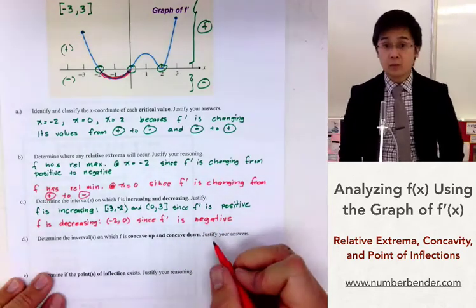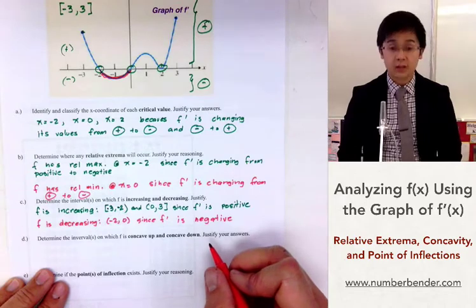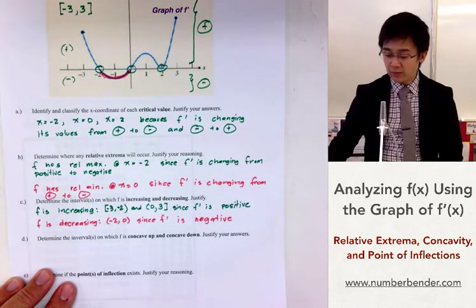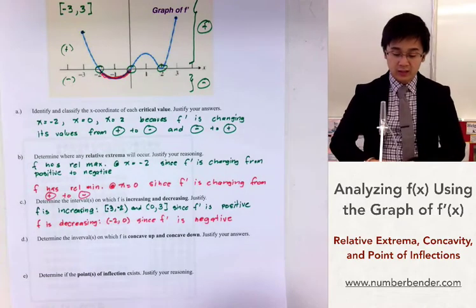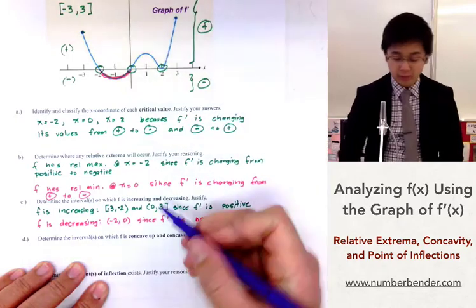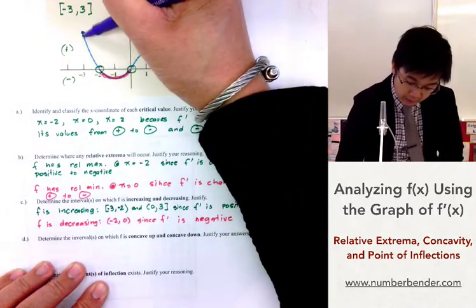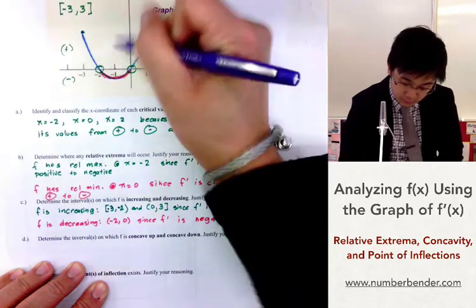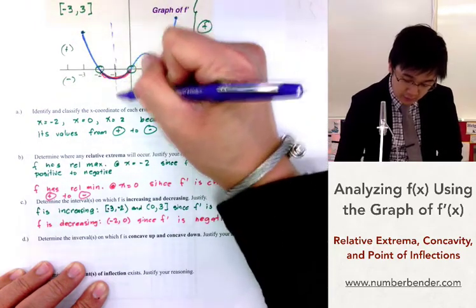And for letter D, we're going to identify where the concavity of our function f is. And to identify the concavity of the function, you will just look at the direction of your f prime graph. So here, it's decreasing or going down up until this point right here on x. So let's mark it.